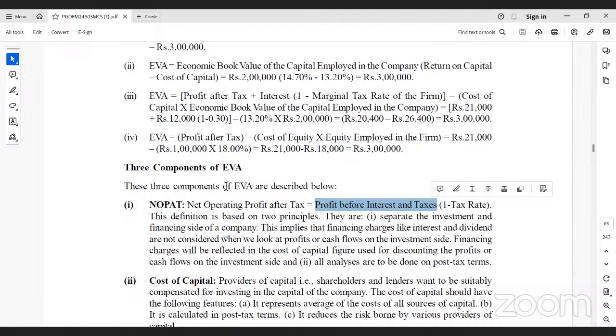This definition is based on two principles: they separate investment from financing assets of the company. It implies that financing charges like interest and dividends are not considered when we look at the profit.